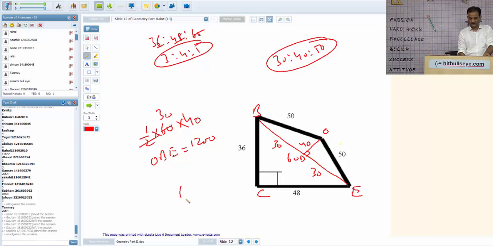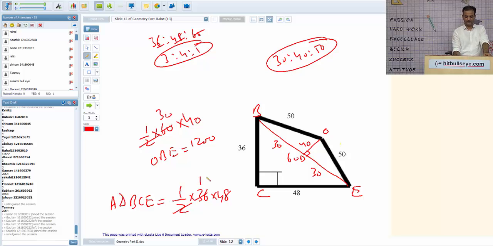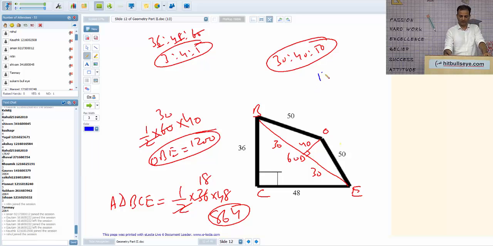BCE, half into 36 into 48. Area of triangle BCE will be 18 into 48, which is 864. So 864 is the area of this triangle, 1200 is the area of this triangle. If you add, 1200 plus 864, it will be 2064.